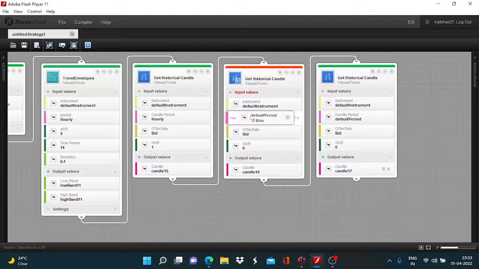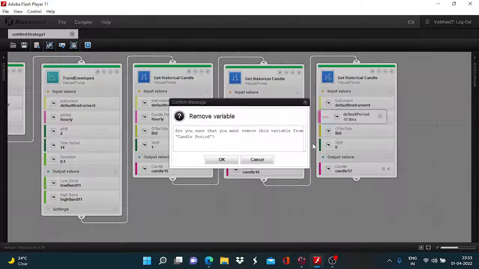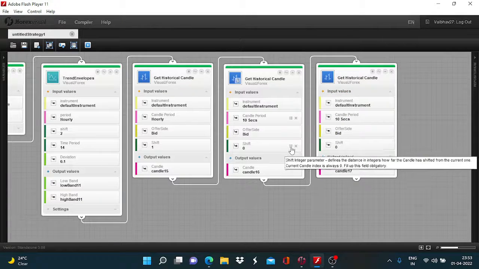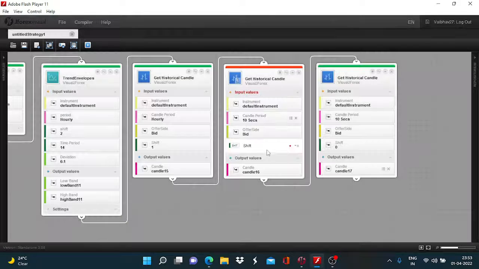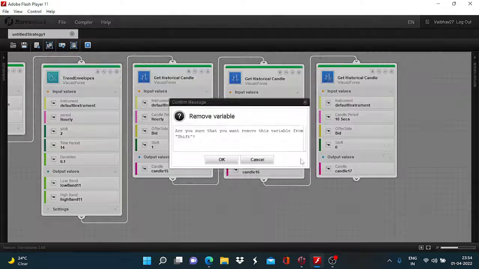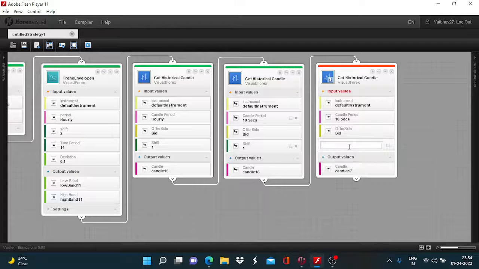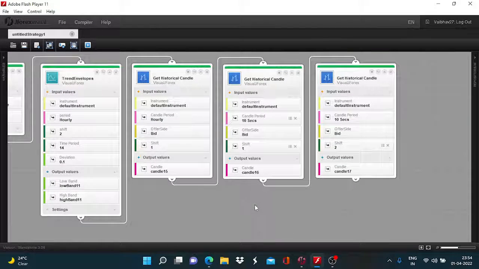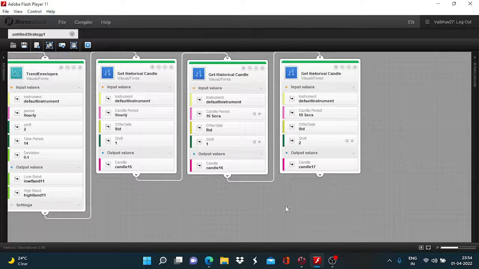This will need to be changed to 10 seconds. This one as well. And the look back period will be changed to 1. And in this case it will be 2. Okay.